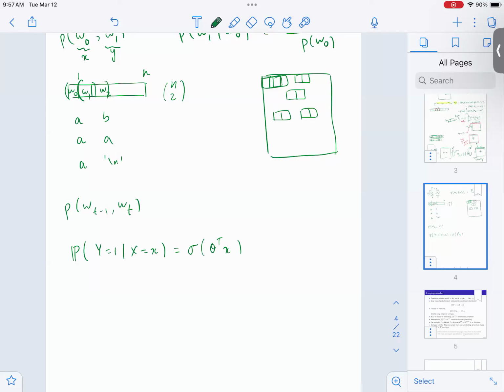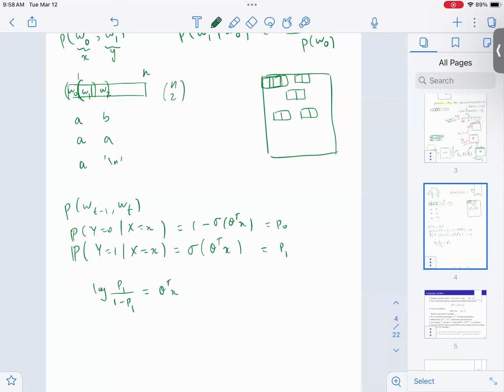If I write it as a probability vector, I would also have the probability of y equals 0 given x, which is 1 minus sigma of theta transpose x. So this is a probability vector. Let's call these P0 and P1. What is the log odds, or logit? In this case it would be log of P1 divided by 1 minus P1. This is the log odds, and in this case it would be theta transpose x.